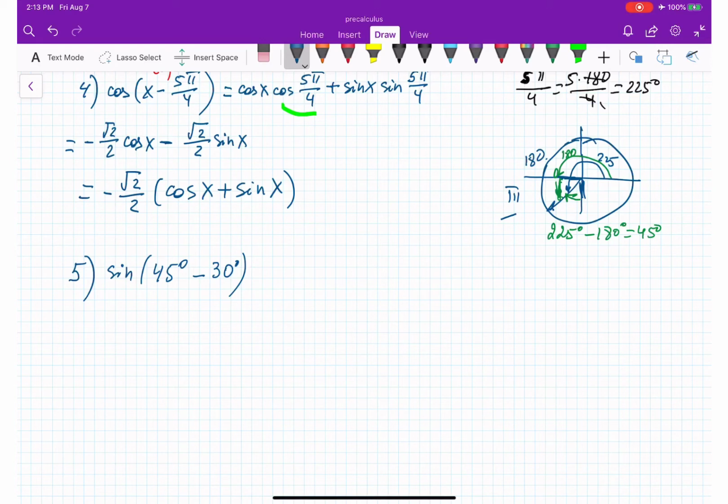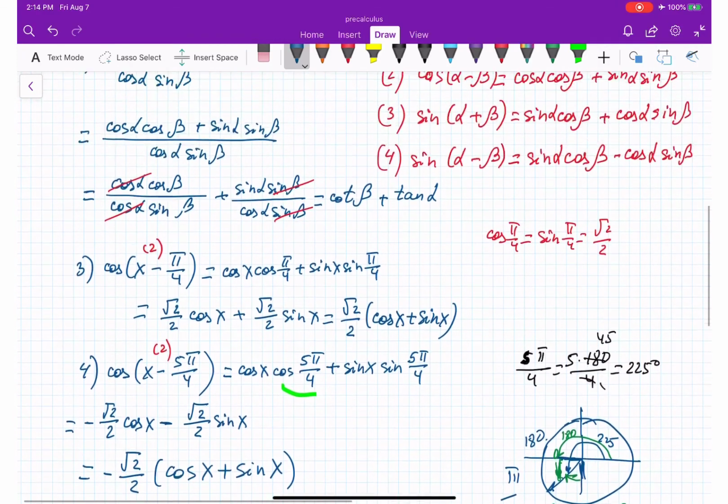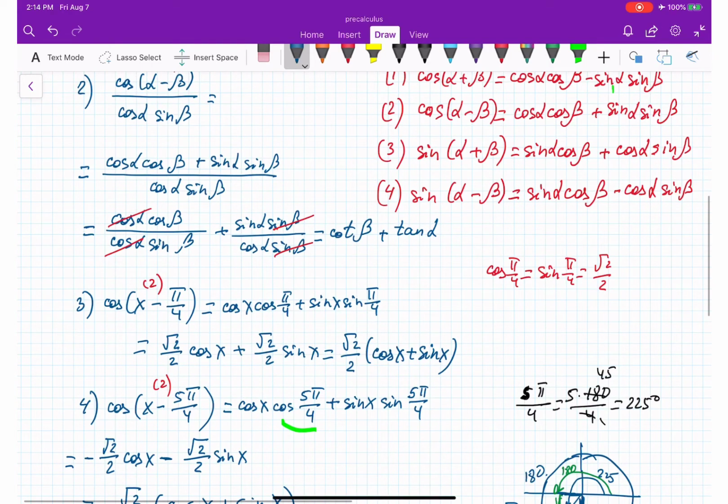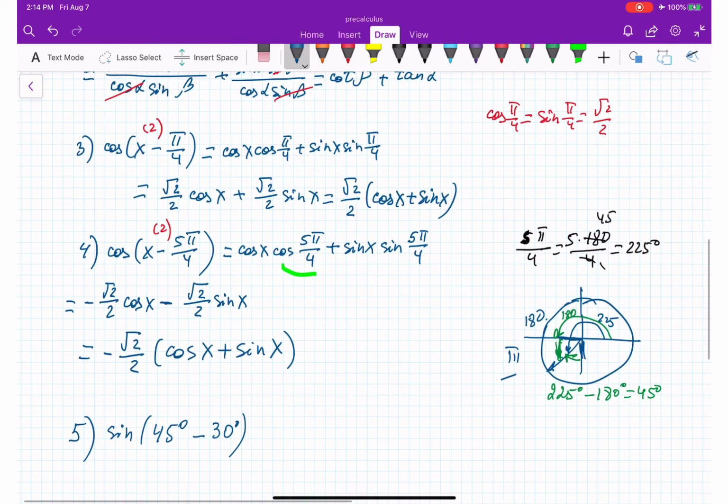But the unit circle table doesn't give us 15 degrees, so all we have to do is punch it on the calculator. But if a calculator is not around, what are you going to do? You apply the formula, the difference of sine, which is going to be number 4, okay?